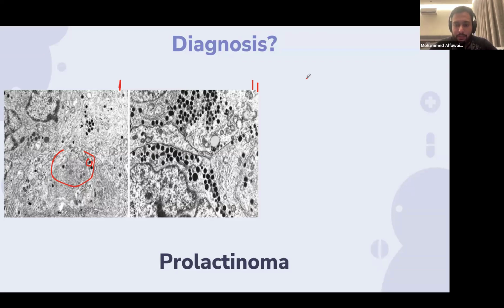If this patient has mass effect, which is the headache, it's going to be above 200, which is what we call a macroadenoma, okay? If it's a microadenoma, how much will the prolactin level be? Less than 200. Good. Excellent.